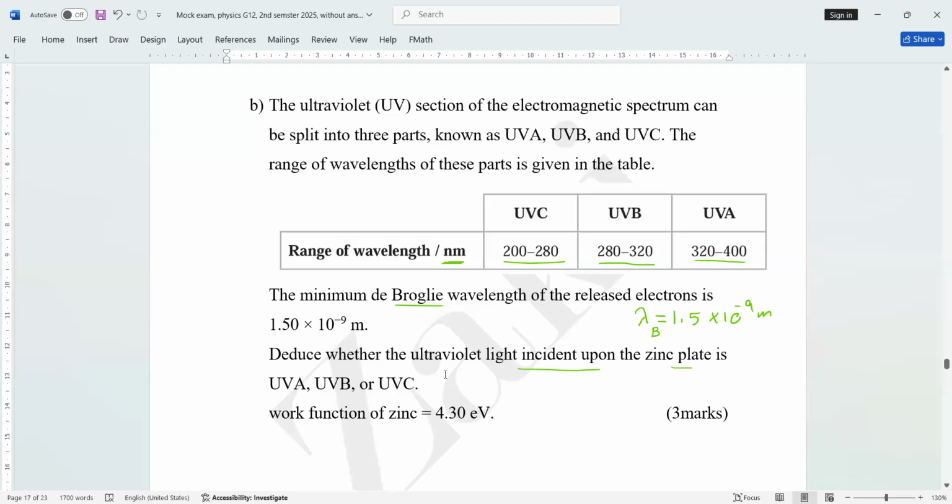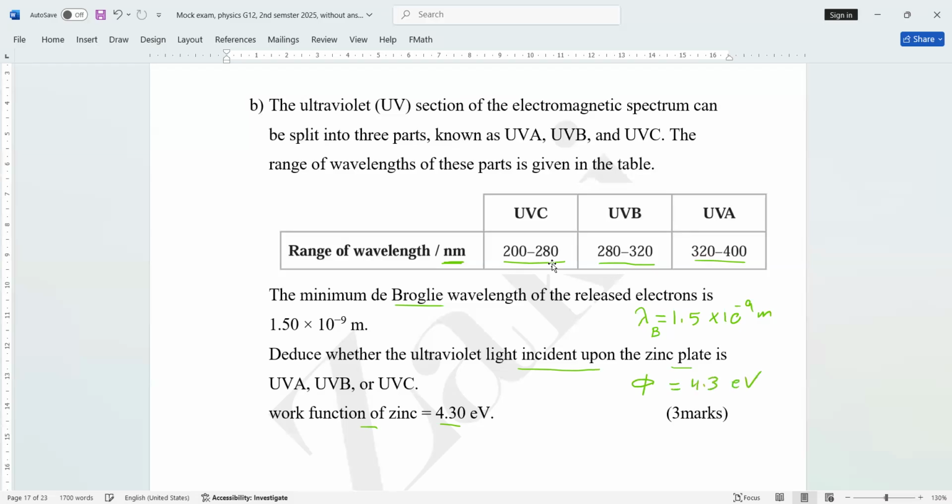Now we need to calculate lambda, and then we compare lambda to choose which one. Here we have the work function of the zinc. This is given: phi equals 4.3 electron volt.